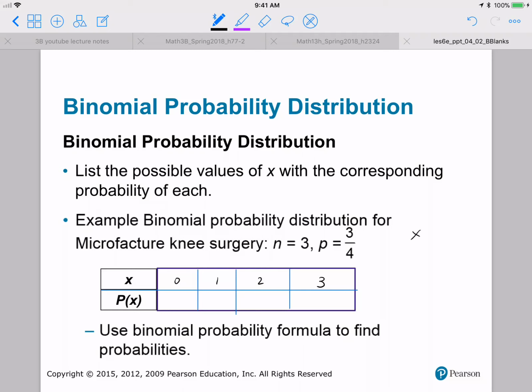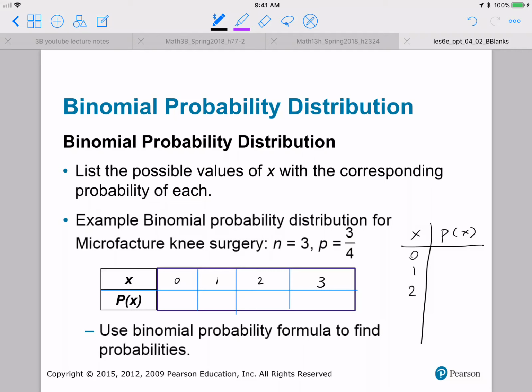Let me point out that this is exactly the same table as we were doing in section 4.1. The only difference is instead of being up and down, it's going left and right. Instead of being vertical, we've shifted our table to make it horizontal.